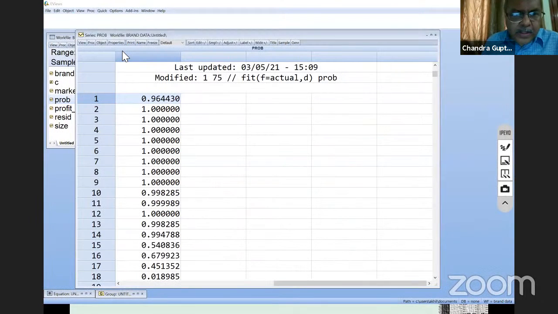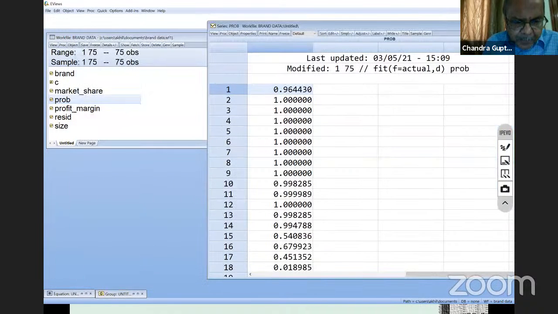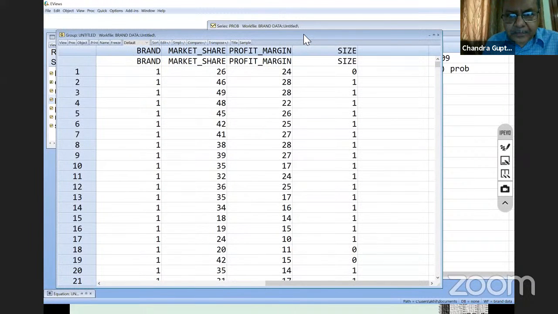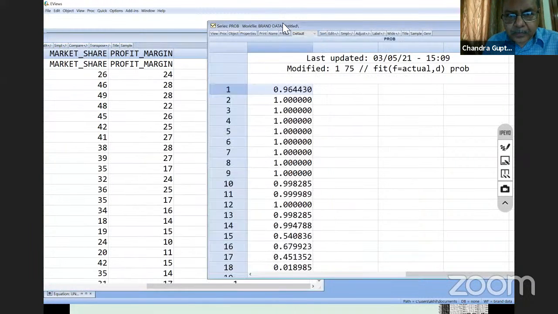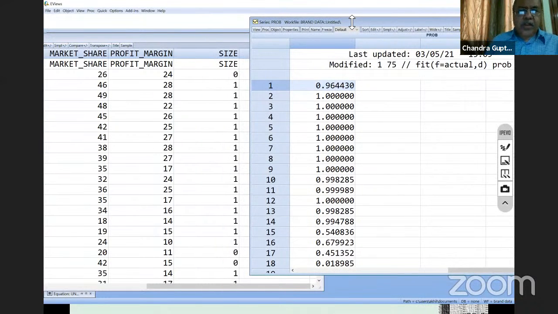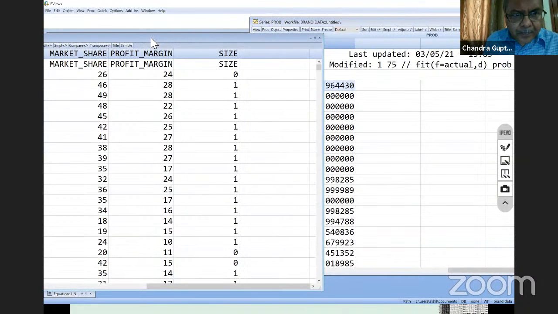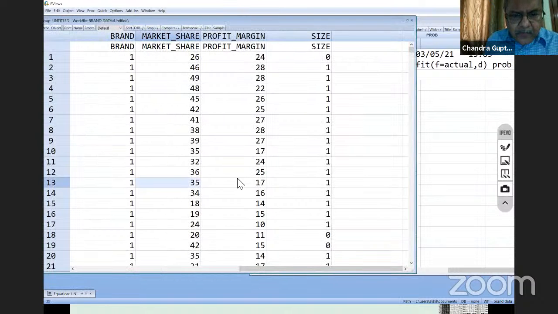If you want to get the probability for another number, say, let me take this 13th observation: 35, 17, and 1.